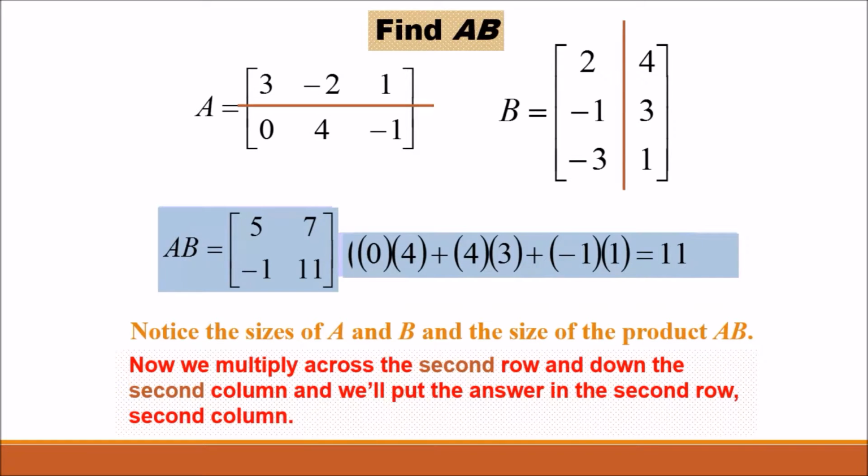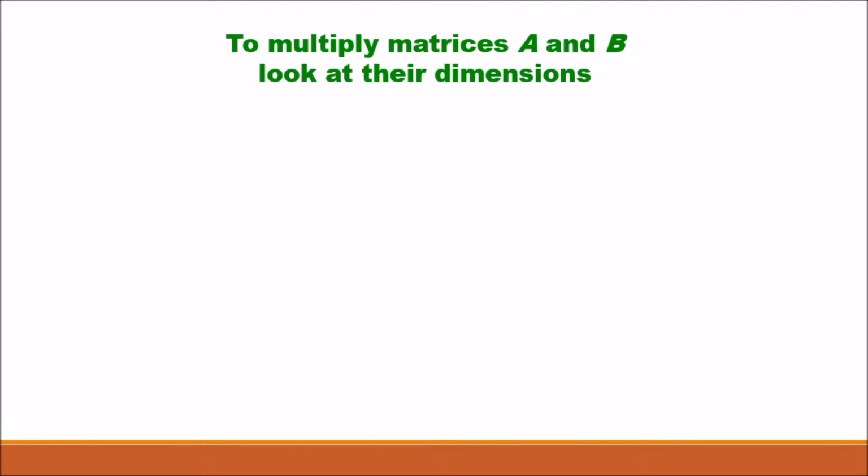Now you have to notice one thing, the sizes of A and B and the size of the product AB. So we have to discuss something about it. To multiply matrices A and B, you have to first look at their dimensions. For example, the first matrix has dimensions of m by n, and the other one has dimensions of n by p.